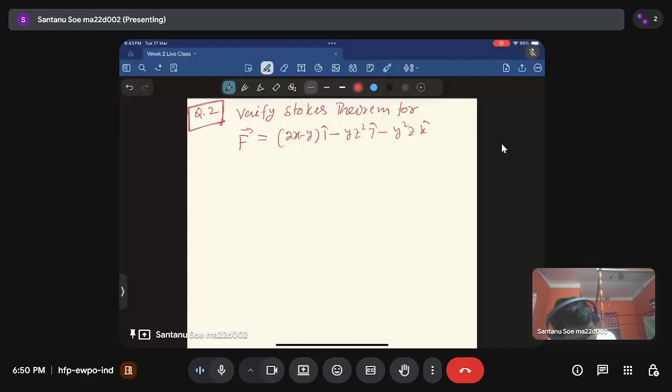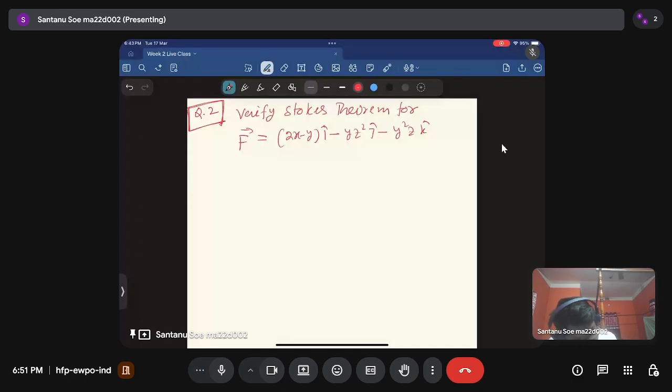So this will be i cap times minus 2yz plus 2yz, minus j cap times 0 minus 0, plus k cap times 0 plus 1.